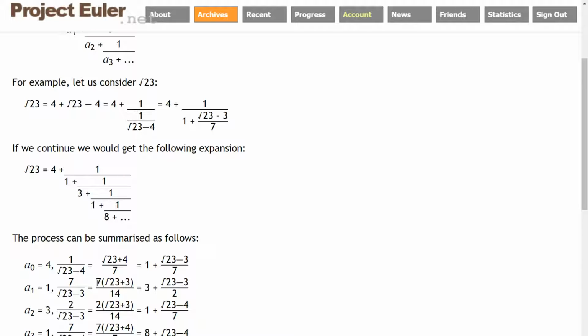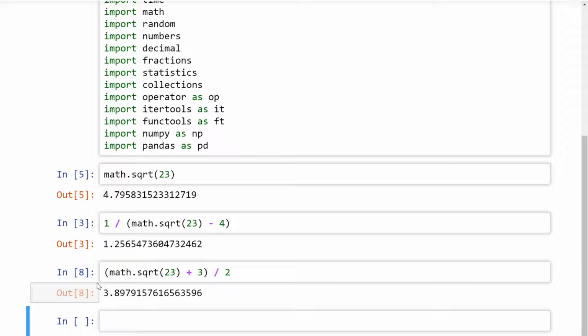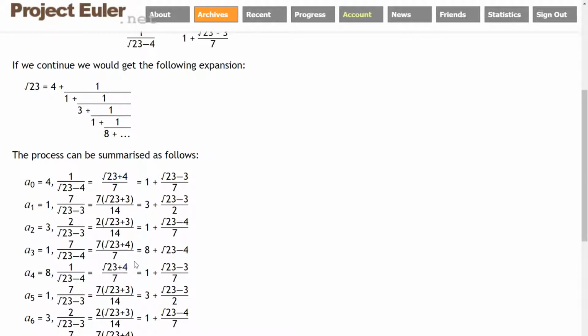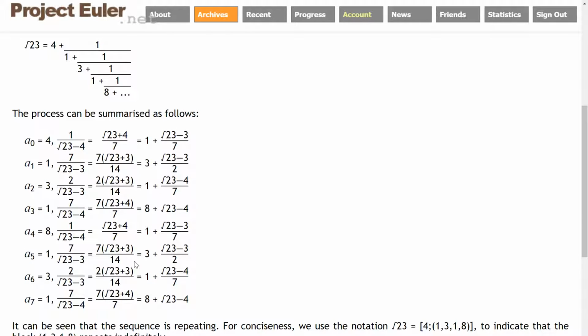Yeah, that seems reasonable. The question is, can we do this without square root? Do we even want to? Also, we should probably not be using floating point.